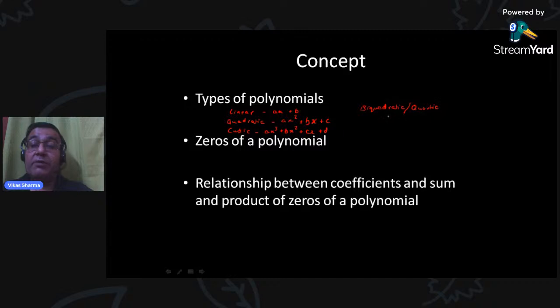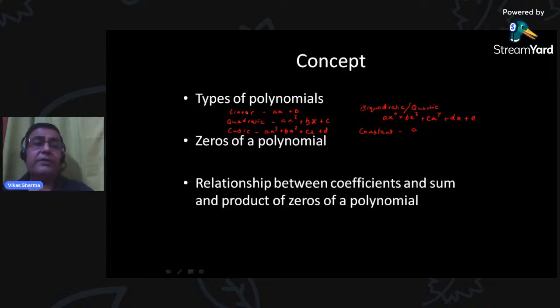A quartic polynomial is of the form ax to the power 4 plus bx cube plus cx square plus dx plus e. And finally, there's a constant polynomial. Constant doesn't have any variable in it. It's just a constant, of the form a.